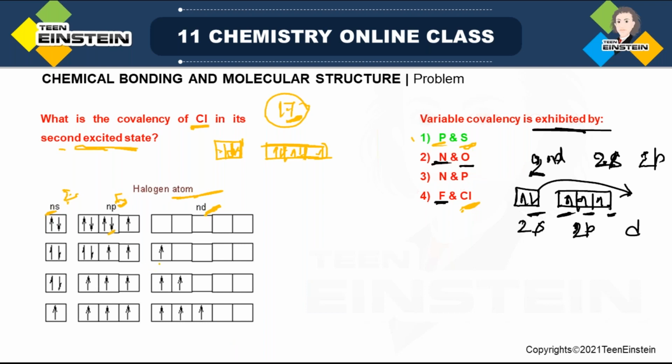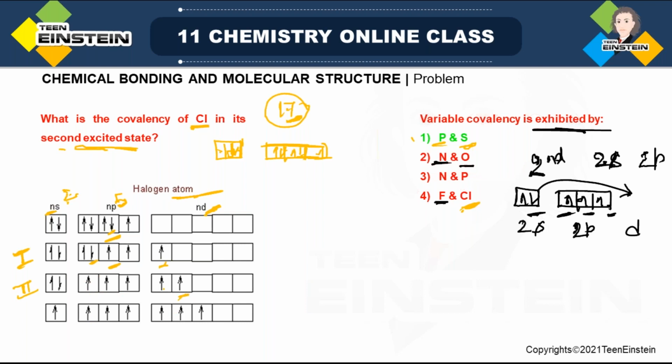When the first pair is broken, an electron is shifted. See in the second picture, now there is no pair and the electron is shifted to the d orbital. So this is the first excited state. In the second excited state, you are breaking the second pair also, so another electron is now present in nd.